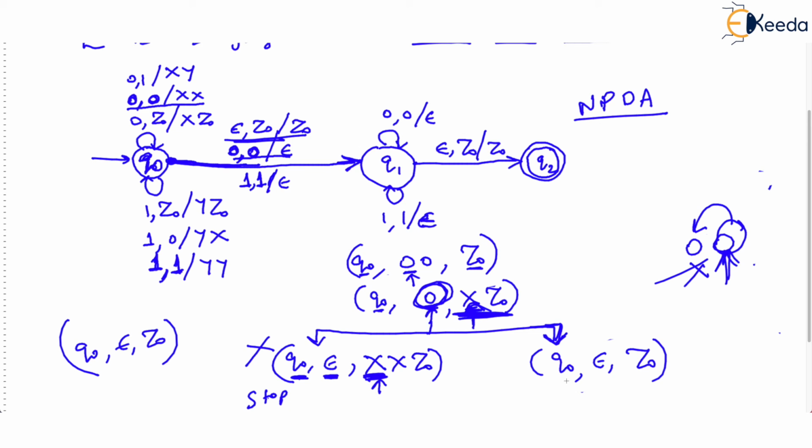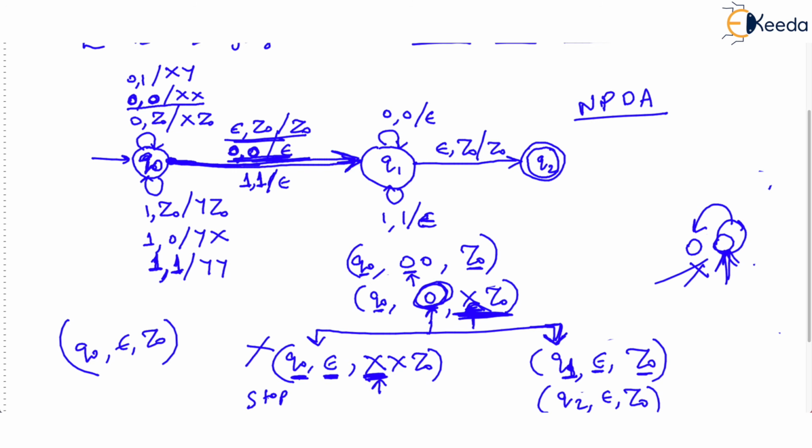And one more thing, it will enter Q1 state for this 0. And now in Q1 state, when the machine is reading nothing and top is Z0, it will enter Q2 state, keeping Z0 as Z0.